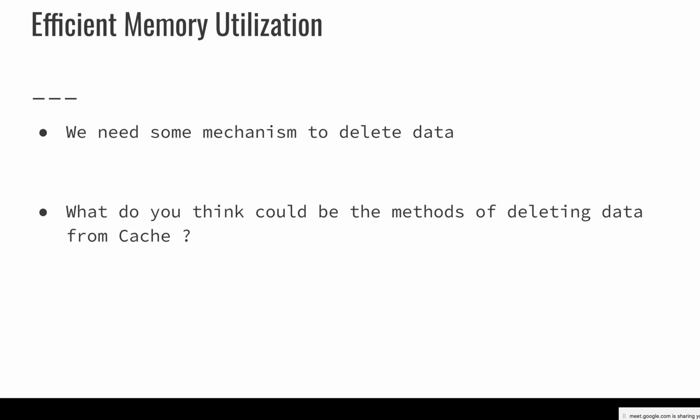Okay, Ashish is saying least frequently used. Others? Dhananjay says MRU. I think it's most recently used. Okay, most frequently used. So think about it, Dhananjay. Why would you want to delete the data that is most recently used?